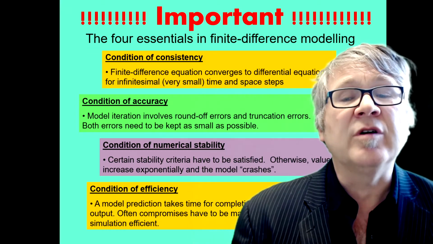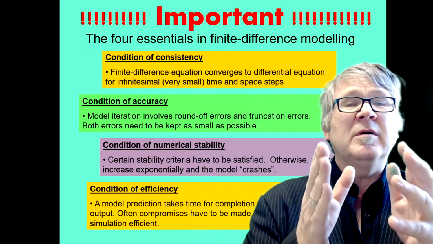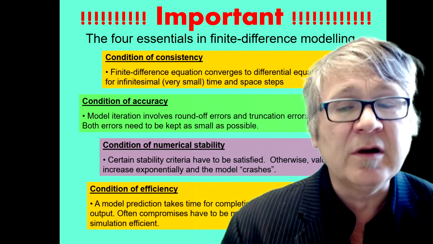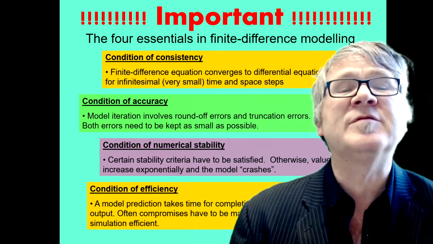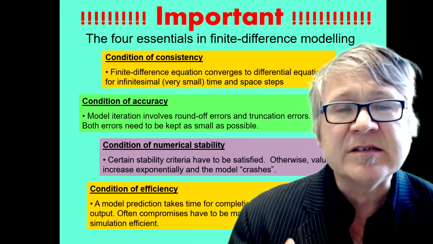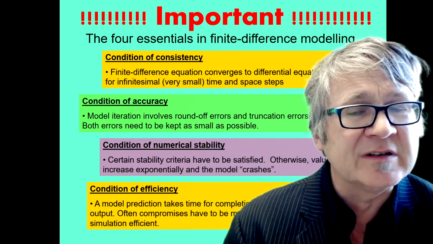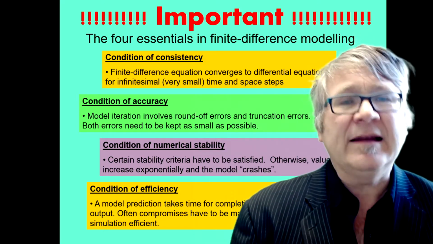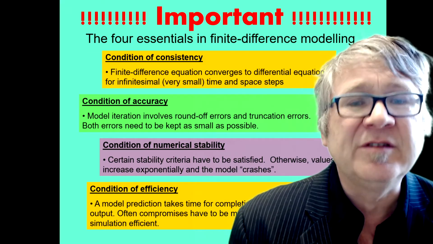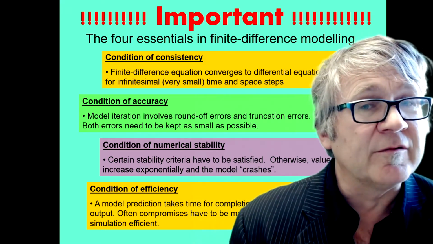There's also the condition of accuracy, which means this. Model iterations involve two types of errors. One is called the round-off error, and this is related to the technology of a computer, because computers cannot 100% represent all digits of a number. Okay, so there has to be some round-off.